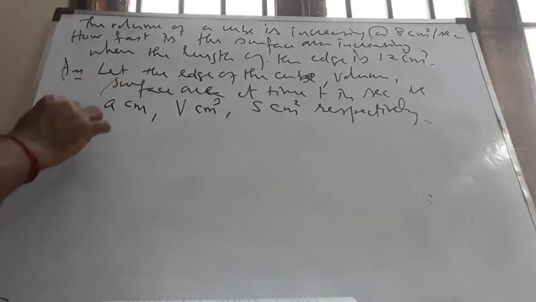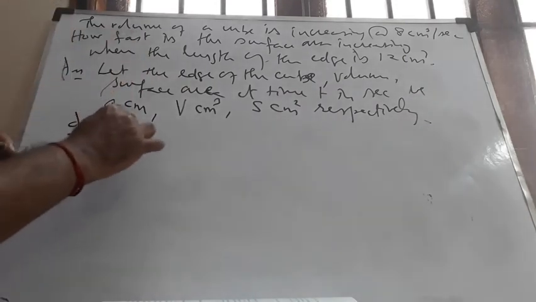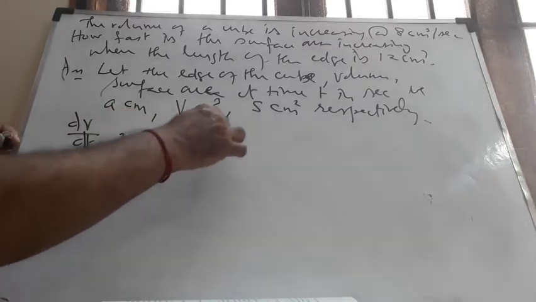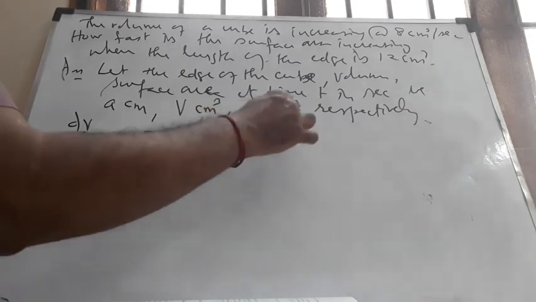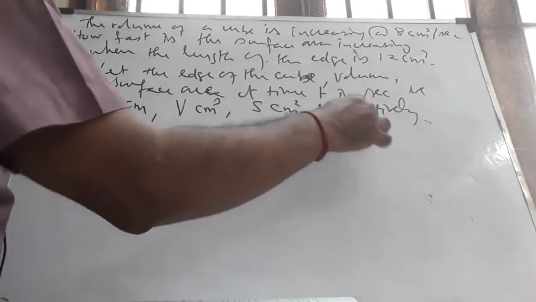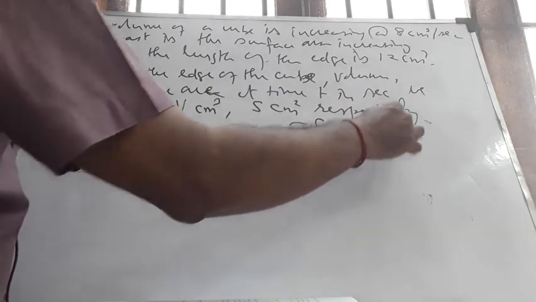This is what I should write down initially. Now dV by dt is equal to 8 centimeter cube per second. This is given. Now what is to be found out? To find dS by dt when a is equal to 12 centimeters.